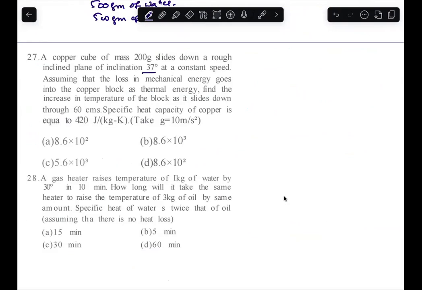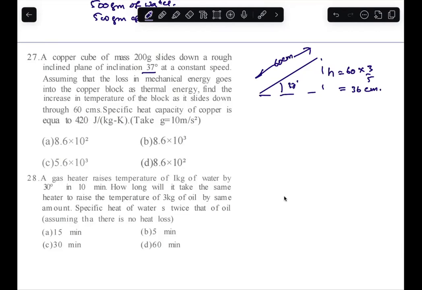Remember, it slides by 60 centimeters. So when converted to height, it is 60 times sine 37, which is 3 by 5, 36 centimeters. You know how, right?